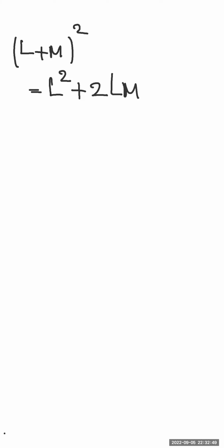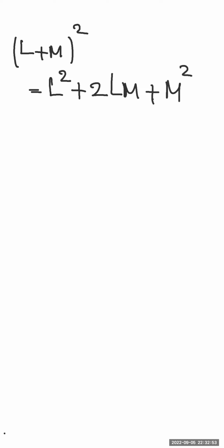The first point: L plus M all to the power 2 equals what? Actually, this one equals the first term squared plus first times the second times 2, so this means 2LM, plus the second term squared.